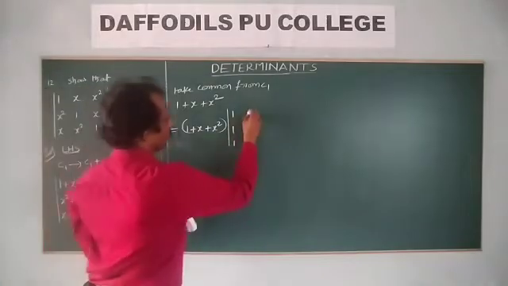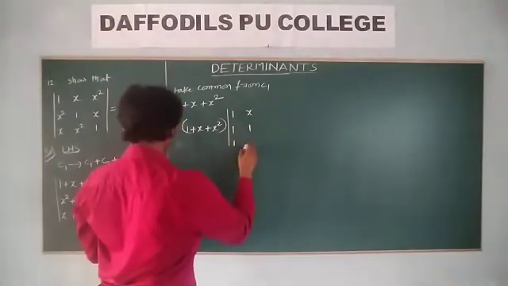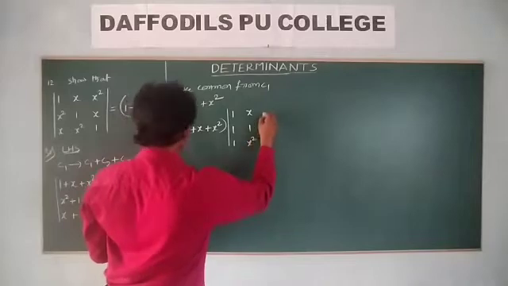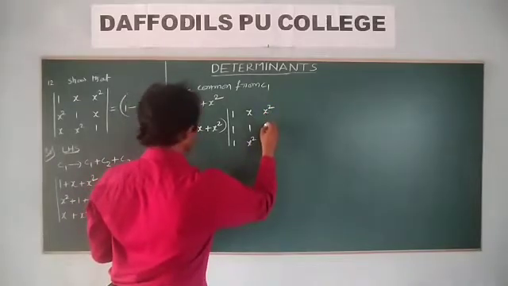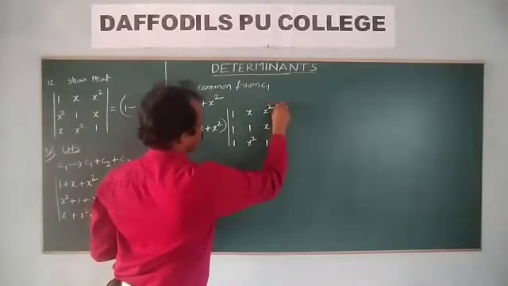The next columns are x, 1, x square and x square, x, 1.